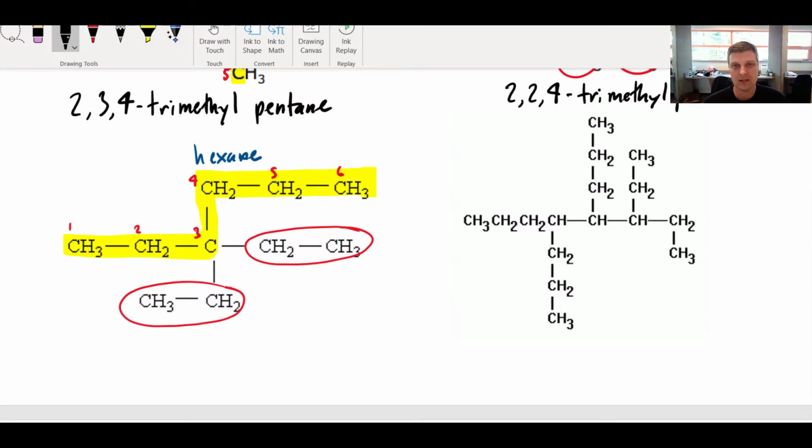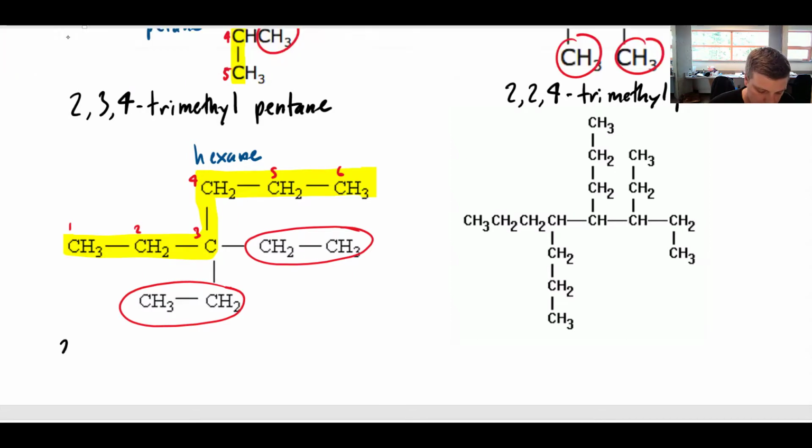So this might seem like overkill, but I'm going to call this 3,3, meaning there's 2 ethyl groups and they're both on the 3 carbon. 3,3 di because there's 2, and ethyl because they're both ethyl groups. So 3,3-diethyl, and then I just need to put in the parent chain name, which is hexane, because that is a 6 carbon chain.